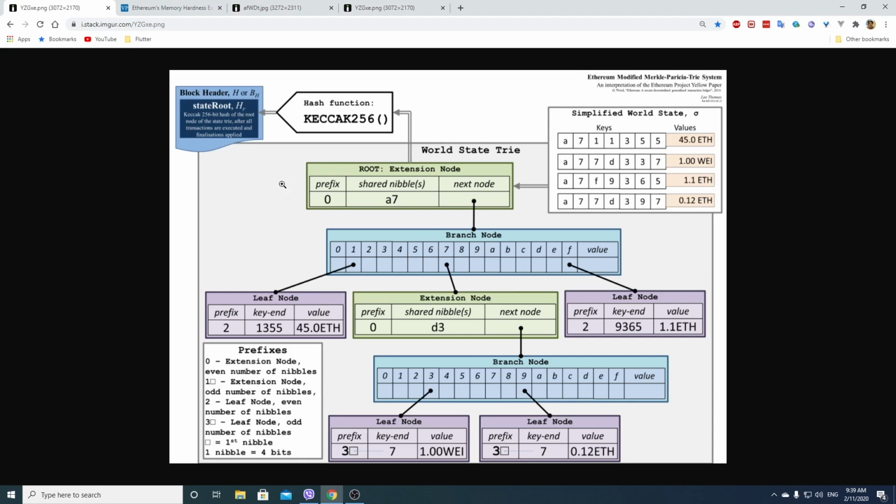Then you can see why the structure is very similar to a Merkle tree. In the Merkle tree, we were hashing 2 guys together. So here we are hashing all these children entries together.